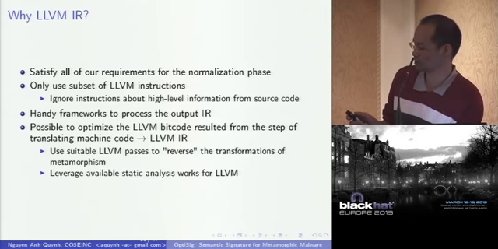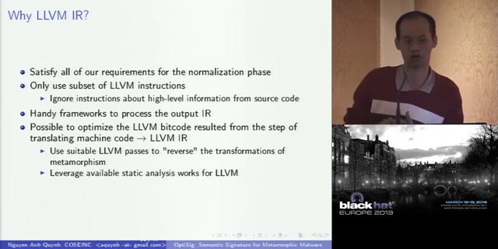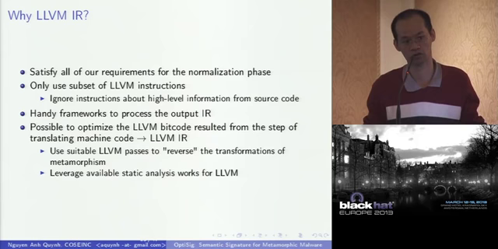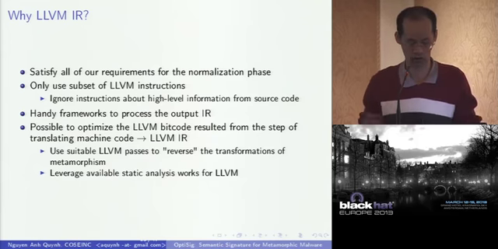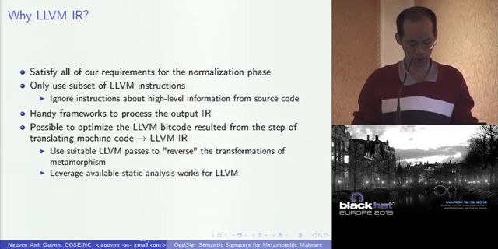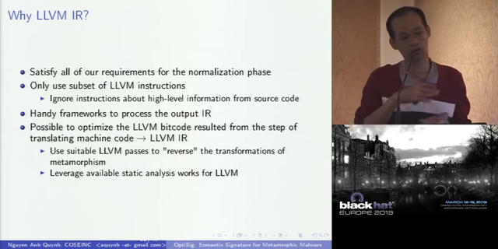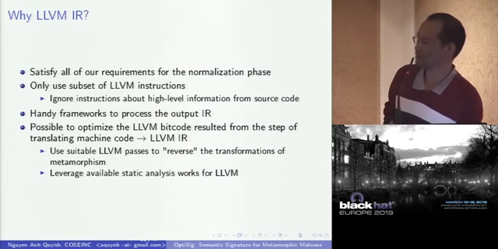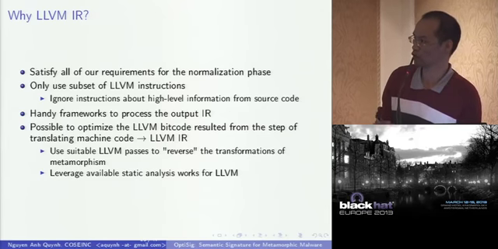For example, you can ignore the instructions that are about the high level information that you can get from source code. But here, because we are working with low level machine code, we can ignore those instructions. And LLVM is good because it offers you a framework, so you can process the output IR very easily. Finally, you can take advantage of the LLVM optimizer.